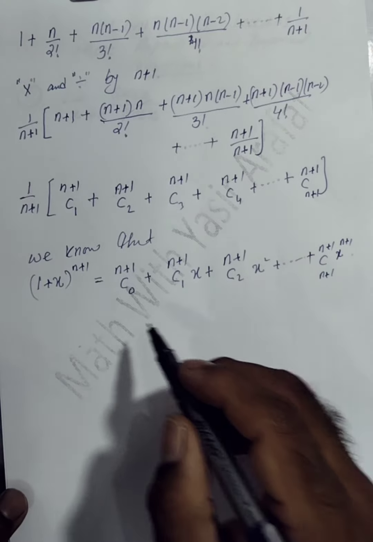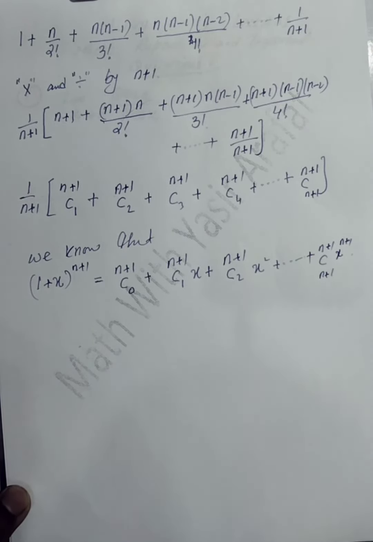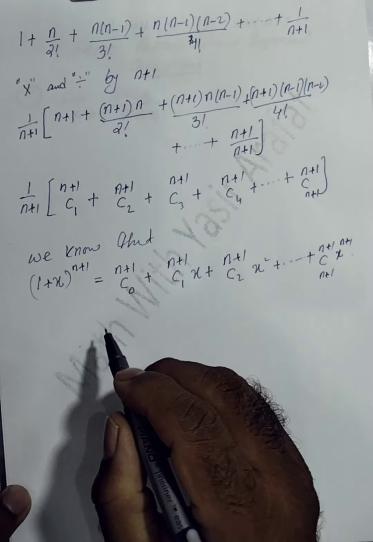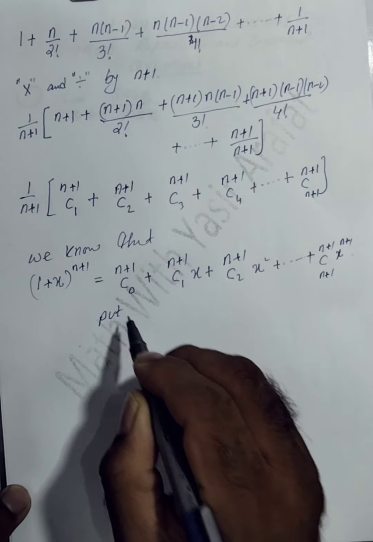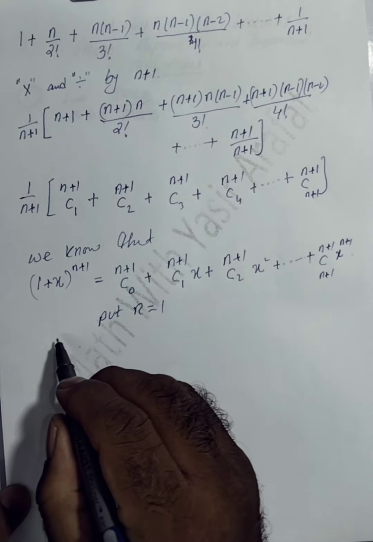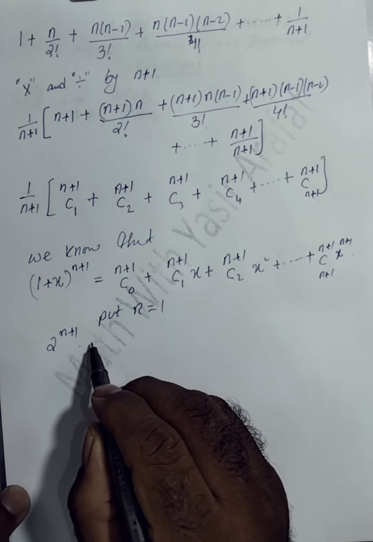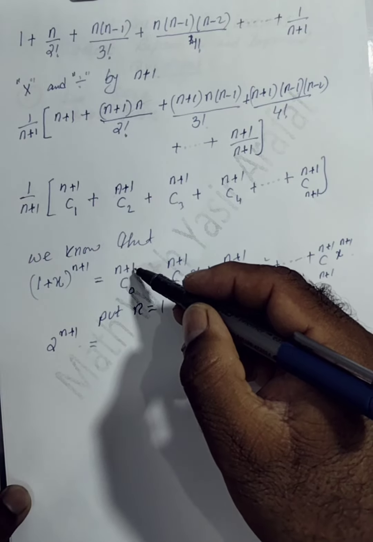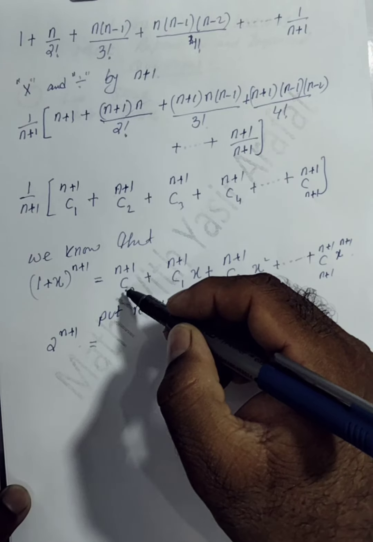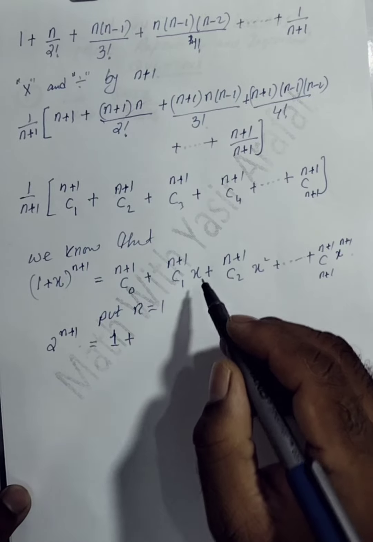So here we have to put x equal to 1. So this will be equal to 2 power n plus 1, and n plus 1 combination 0 will be equal to 1.